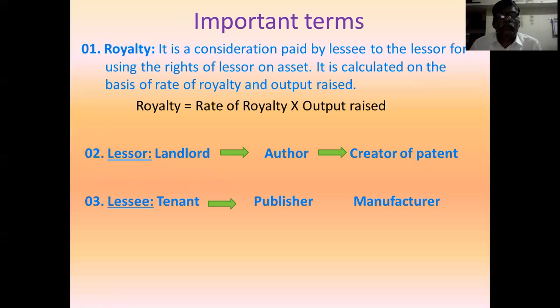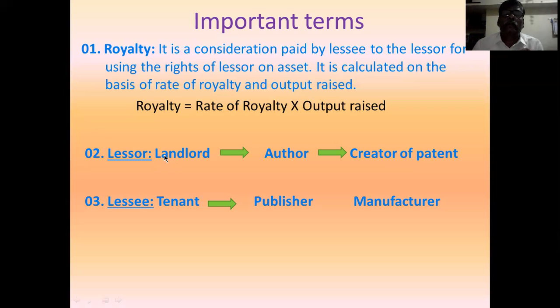He is the owner of the property who gives his rights on the property to another person for a consideration. He is an owner or creator of the asset. He gives the rights on the property or on the asset to another person for certain consideration. That consideration is called royalty.